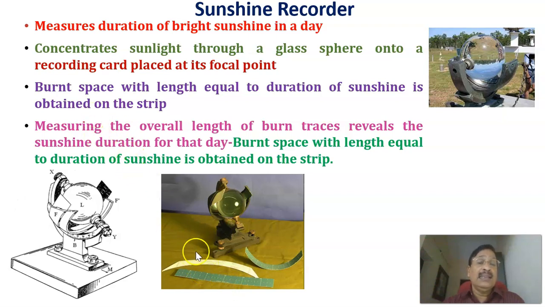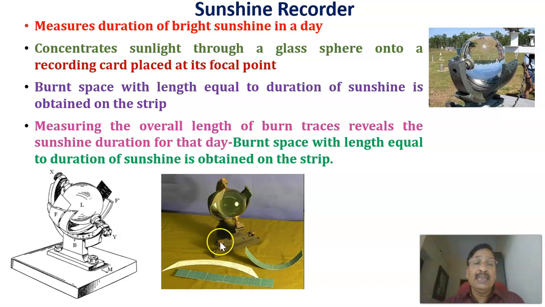The burn length corresponds to the duration of the sunshine. Measuring the overall length of the burn traces reveals the sunshine duration for that day.